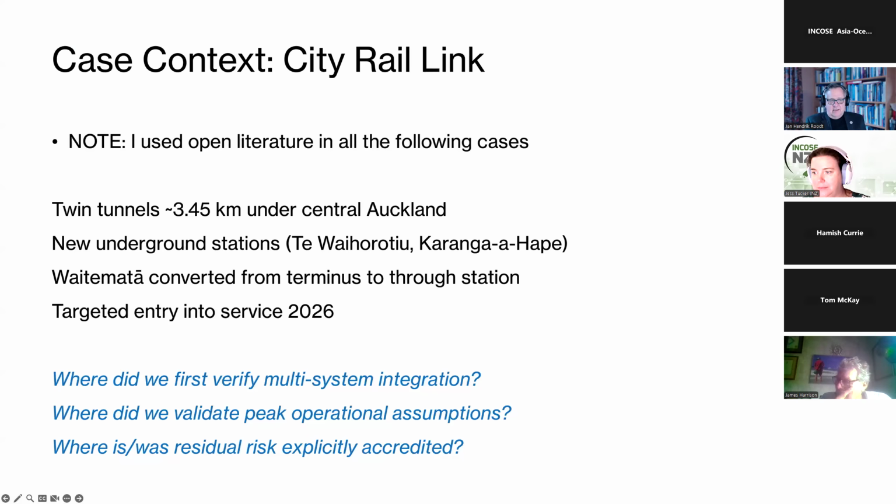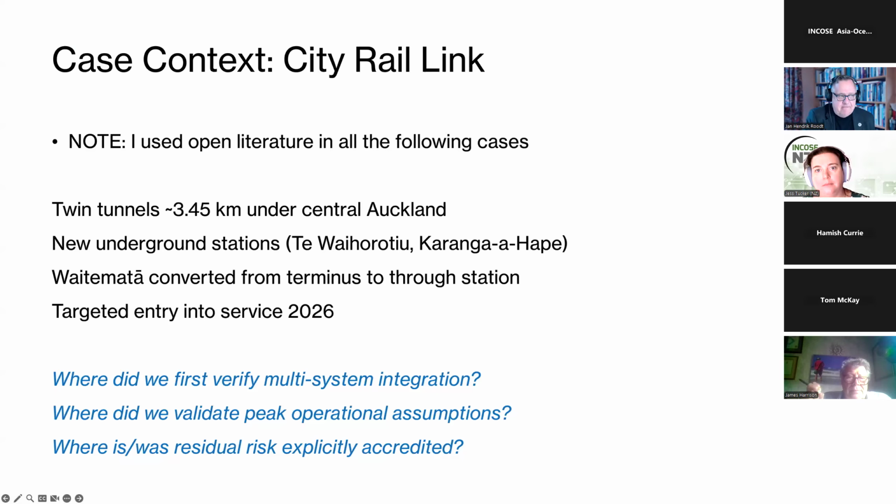There will be many lessons learned, and hopefully at a conference down the track, we can have people speculating on the questions I have on the slide. So, the multi-system integration, where was it first verified, or where did people validate the peak assumptions? And where were they assuming the residual risk would be accredited? Because it's not about pointing the finger or blame shifting. It is trying to understand how we can do these things better, right?